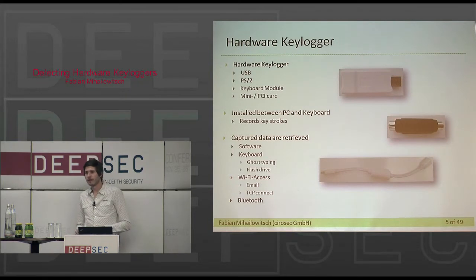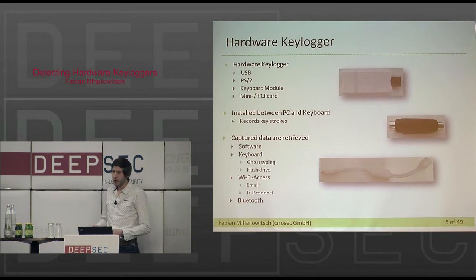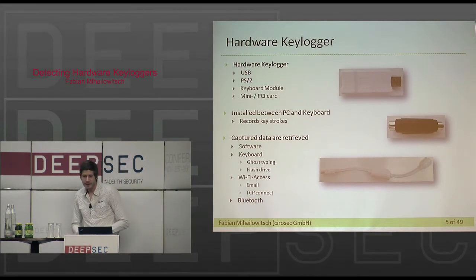For most models, you type in a password on the keyboard, and the keylogger then acts as a ghost keyboard and starts to send the recorded keystrokes back to the client. Some models have Wi-Fi access and send emails, others send the keystrokes via Bluetooth, so there are plenty of possibilities.